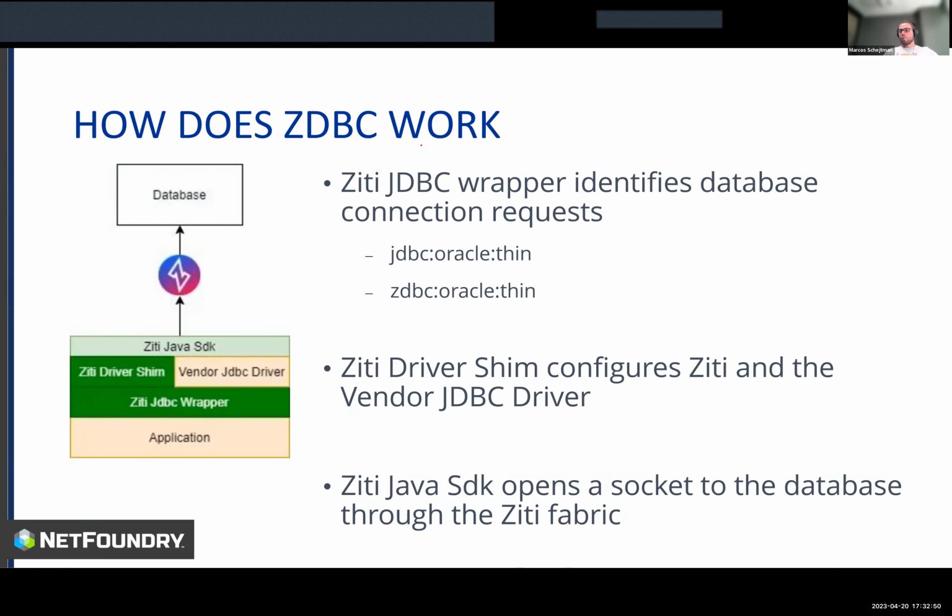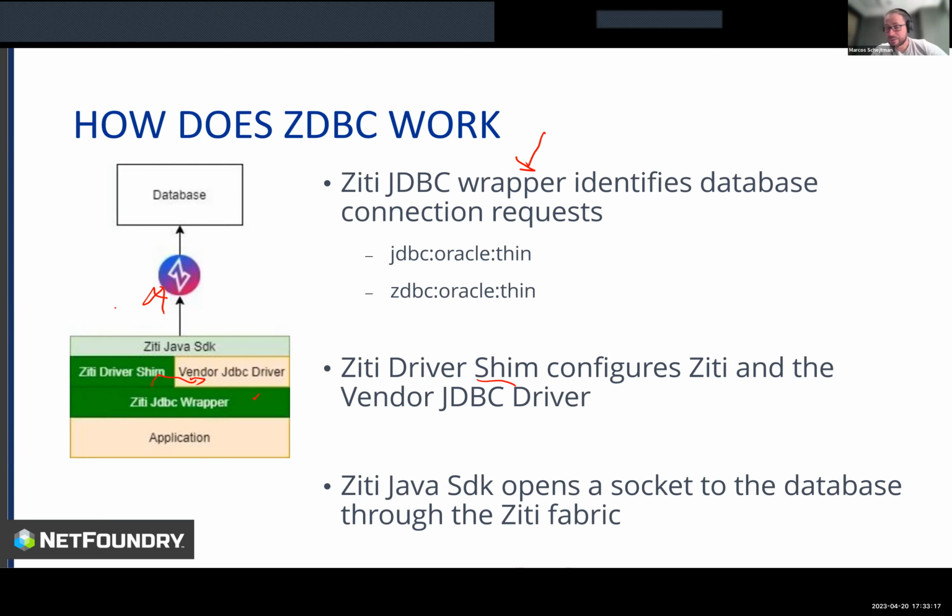So how does it work then? Well, what we are doing with ZDBC is basically a wrapper, right? On top of it, we're going to deliver some shim configuration, and what that is going to provide is that it's going to send us directly to the vendor driver, but using our solution as the transport.